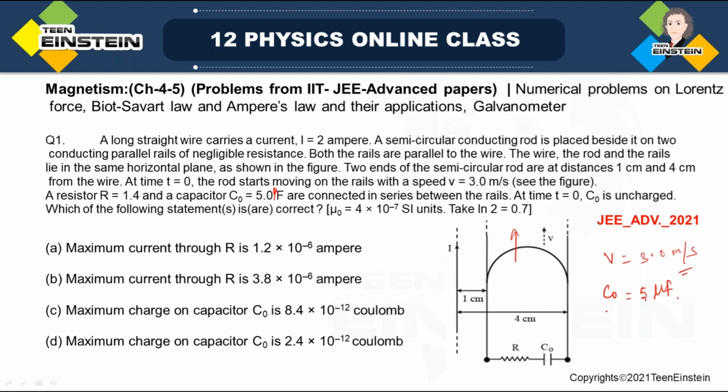They are connected in series between the rails. See this, these are rails. Between them, R and C are connected in series combination. At t equal to 0, C0 was uncharged.